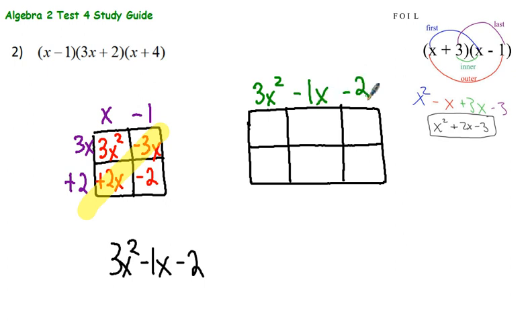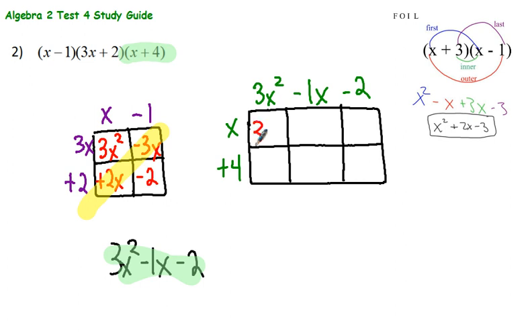And then we're going to take the other thing that we need to multiply, x plus 4. We haven't done x plus 4 yet. And, of course, that's what we put on the side. So let's take x plus 4, that's going to go to the side. And then we're just going to multiply.